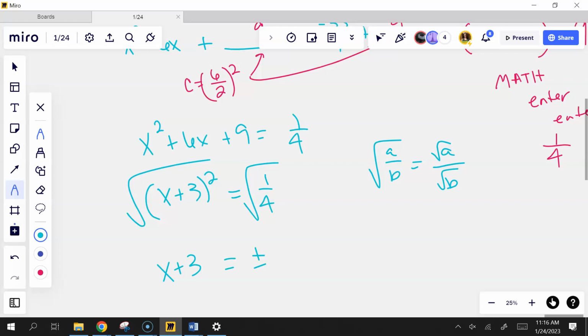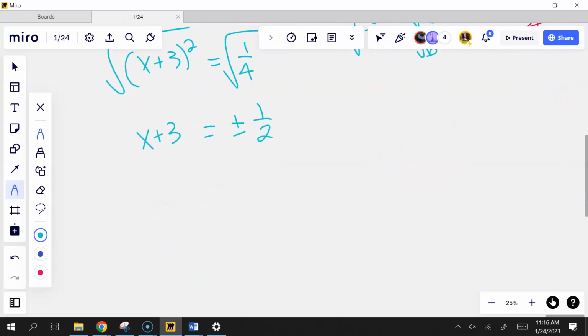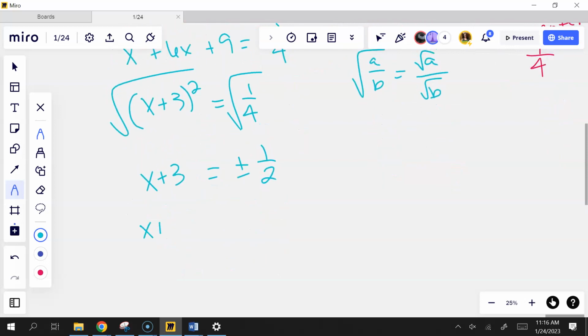What's the square root of 1/4? 1/2. See how none of this stuff goes away? X plus 3 is 1/2, or x plus 3 is negative 1/2, and I hope that you all can solve that from here.